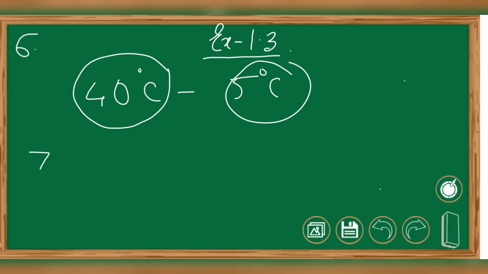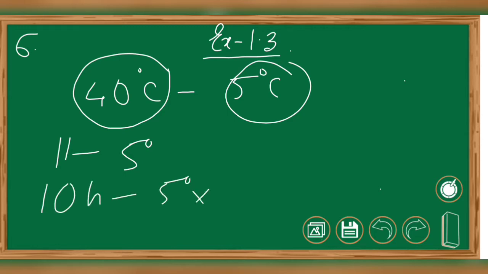In the first hour it is lowering 5 degrees centigrade. So for 10 hours it will be lowered by 50 degrees centigrade.